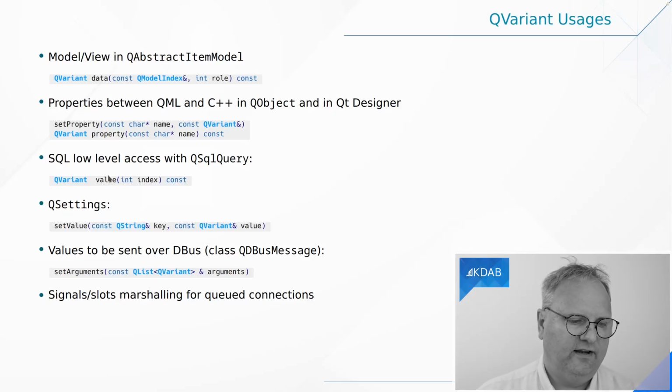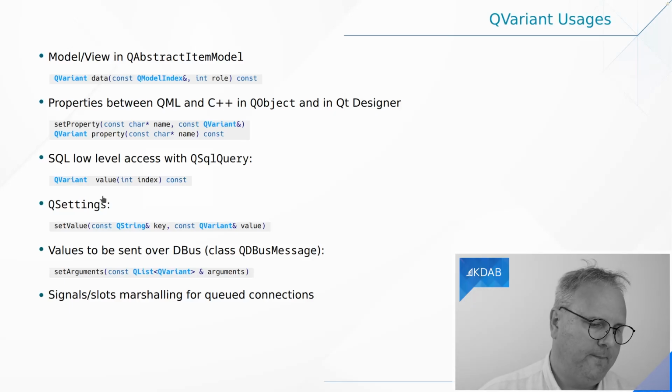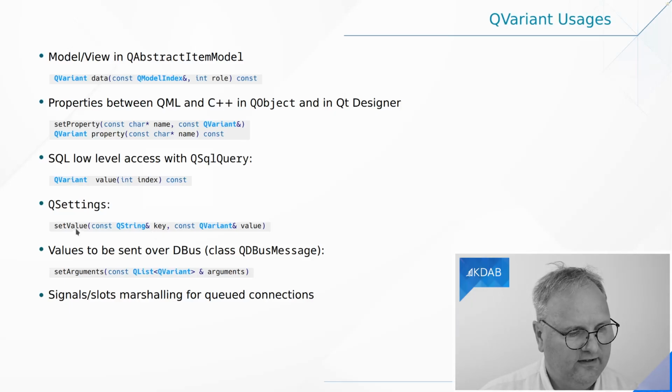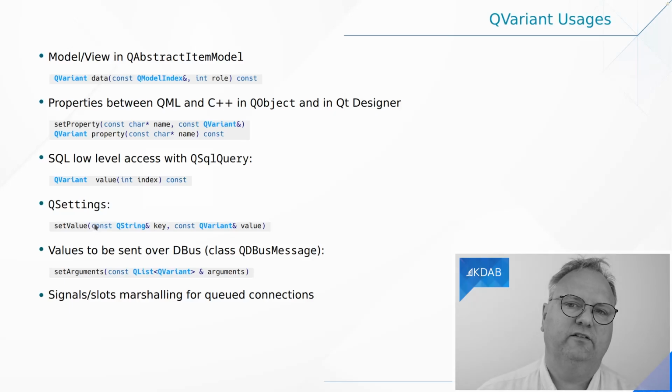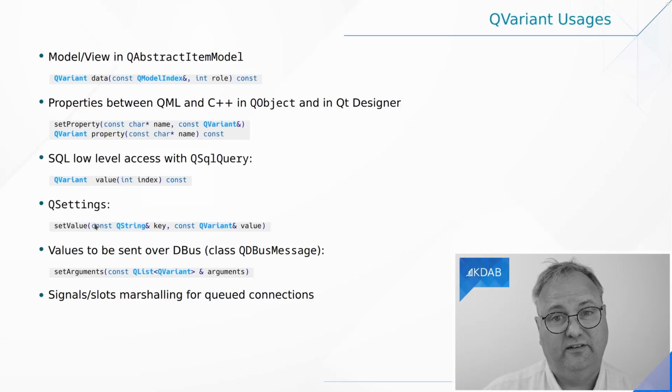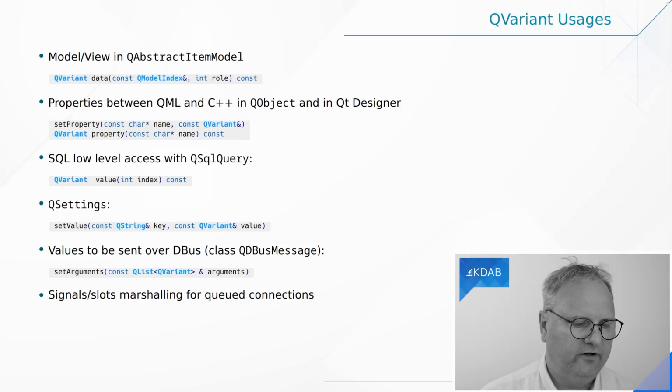SQL access. There is a QSqlQuery that can return you the value that was read out of the database, and depending on what that column in the database was, it could be different types. QVariant again. QSettings. You have a setValue in QSettings. QSettings is this mechanism where you store things into the settings database, and you can add a number, Boolean, or whatever, and the API just says setValue, QString, and then a QVariant here.